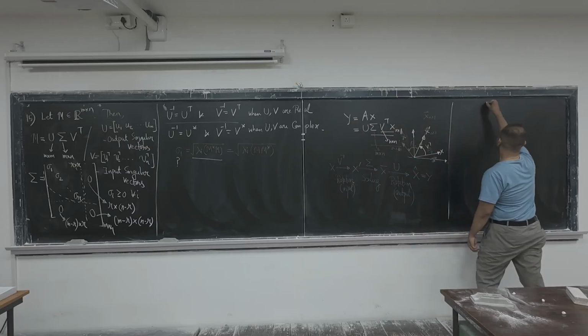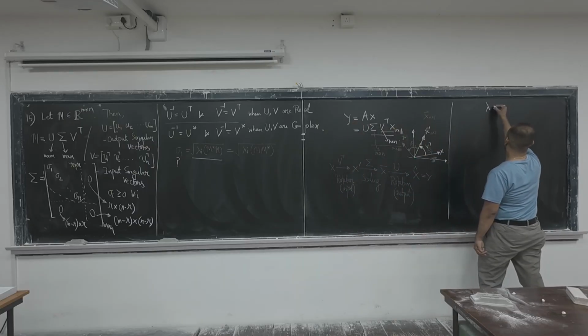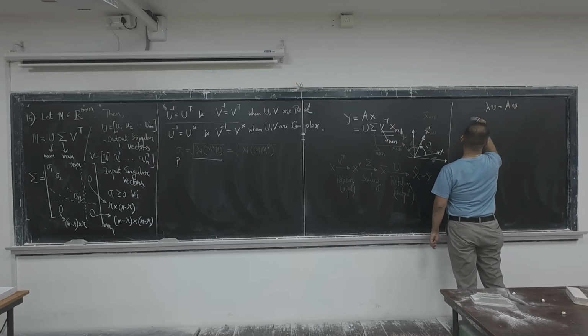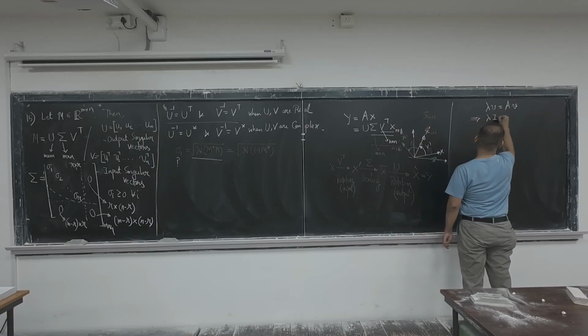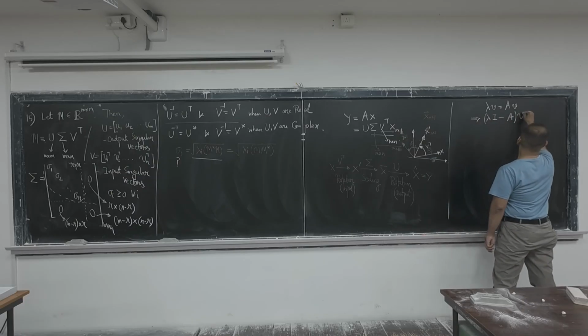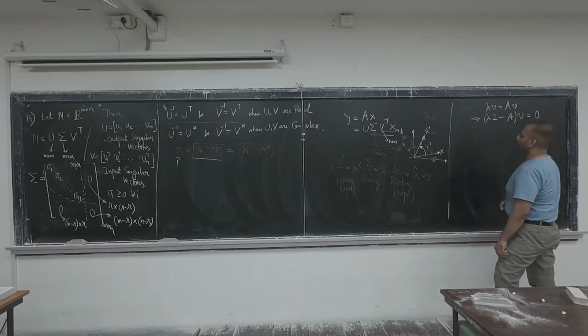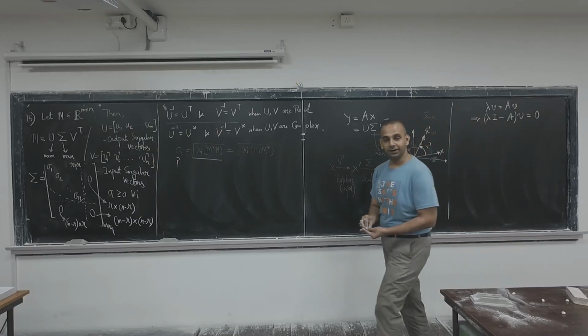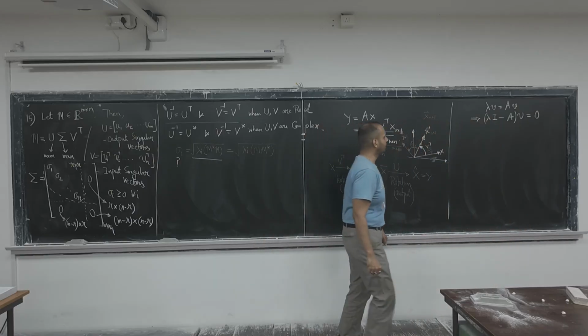When you have the fundamental equation lambda V equals AV, from that we get the eigenvalue-eigenvector equation: lambda I minus A into V equals 0. That is quite standard, we always use it for finding eigenvalues and eigenvectors.